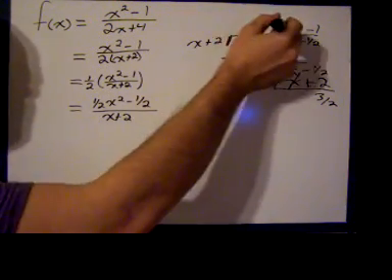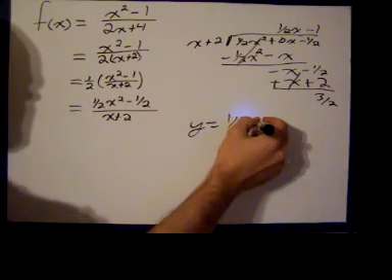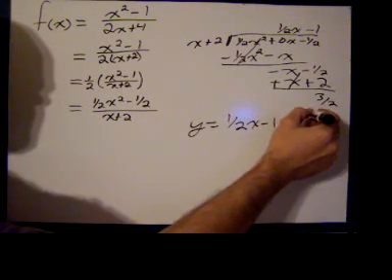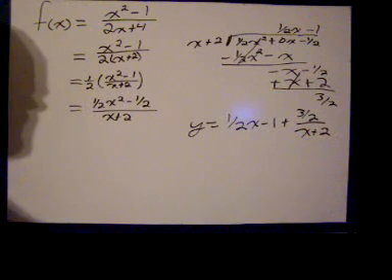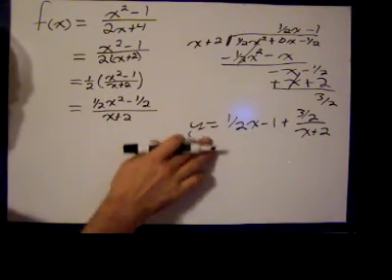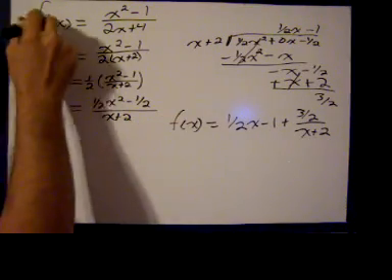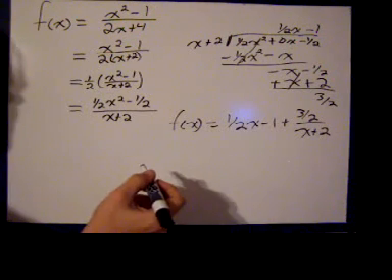So I'm left with y equals 1/2 x minus 1 plus the remainder 3/2 over x plus 2. And that's actually this function, or f of x rather, since I called it f of x, it should be consistent. F of x equals their equivalent expressions.